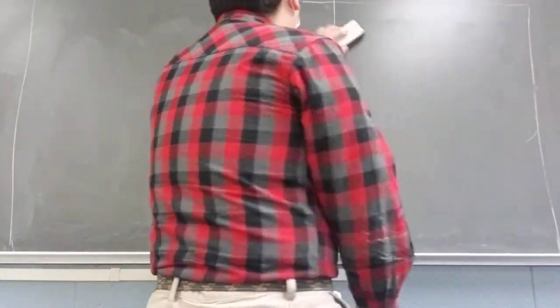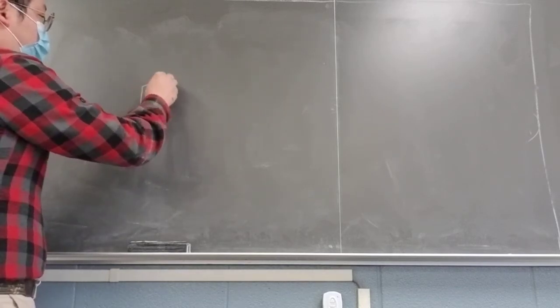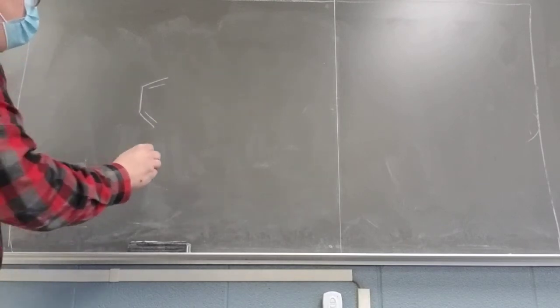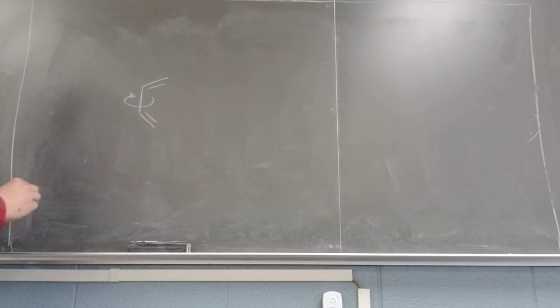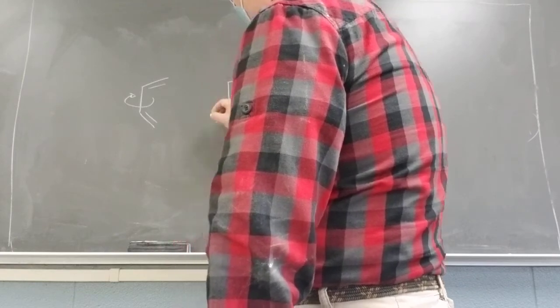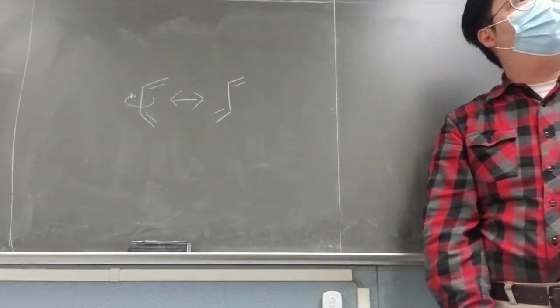So anyway, if that is the case, let's talk about some exceptions over here. If you have a diene over here, it looks like this, but this can be rotated, right? In that way, you can also do this one. They can go back and forth. This is a single bond, right?